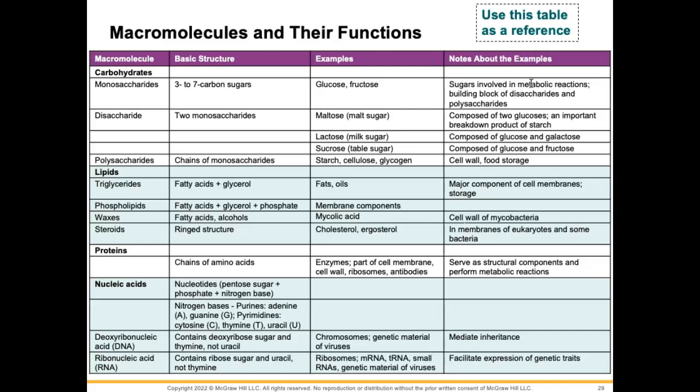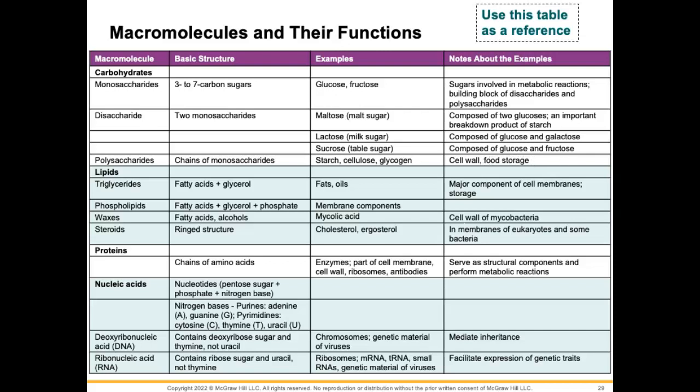So monosaccharides, sugars that are involved in metabolic reactions. They're the building blocks of disaccharides and polysaccharides. Disaccharides, the next thing down, they're composed of 2 glucoses, an important breakdown product of starch. Polysaccharides, they make up the cell wall and also are used for food storage.